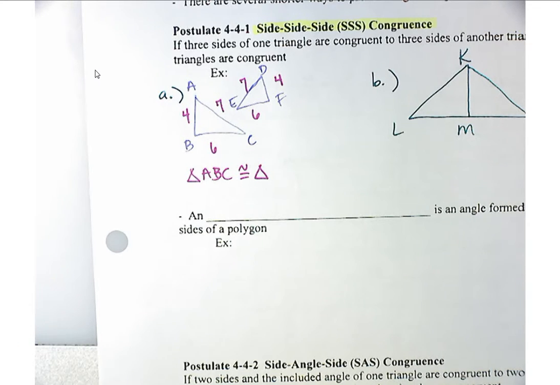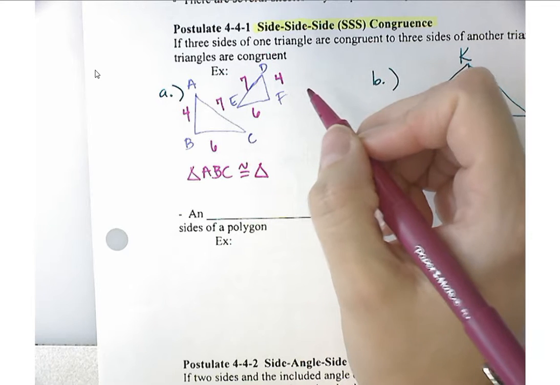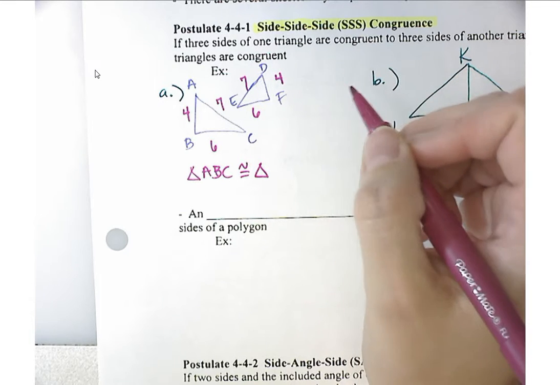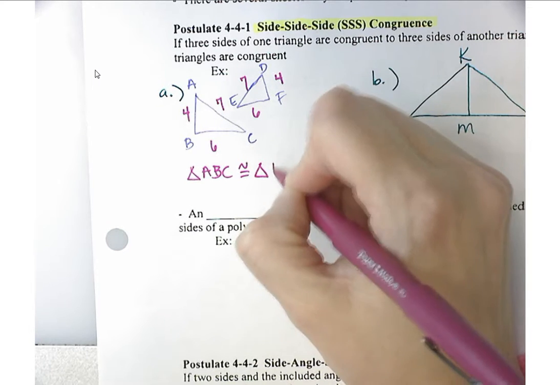Okay, so Andrew, will you tell me what first letter you used here? D. Okay, can you tell me why? Because it started on A and then it goes down to D. Okay. And the length of AB is 4, so D going down F, that's 4. Perfect. Yeah, that's great.